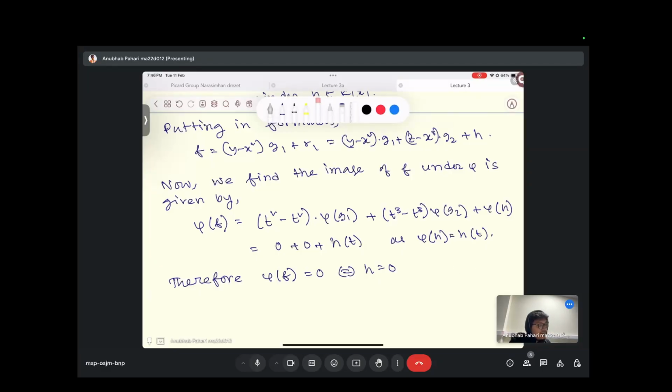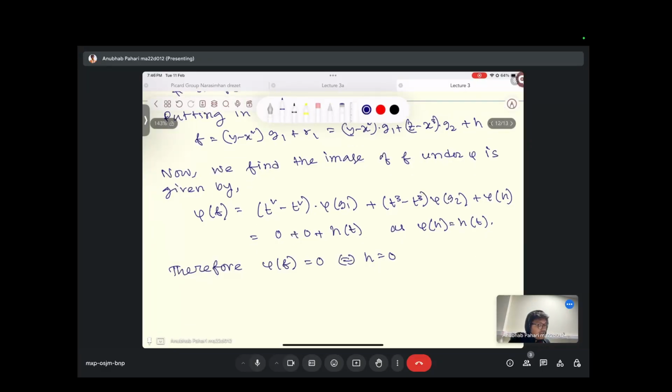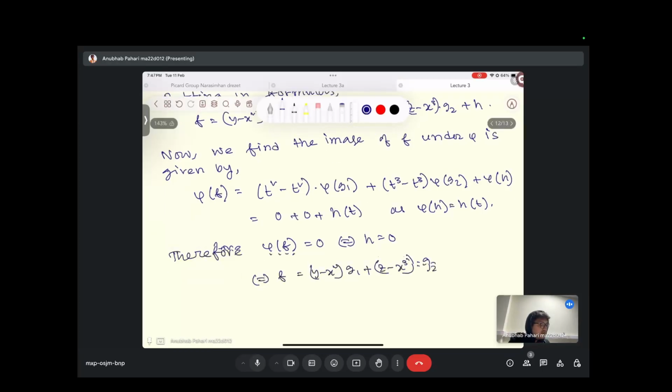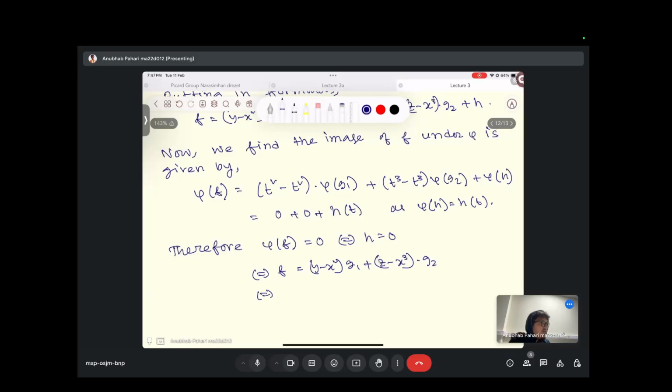So f equals (y minus x^2) g1 plus (z minus x^3) g2, and this is equivalent to f belonging to the ideal (y minus x^2, z minus x^3).